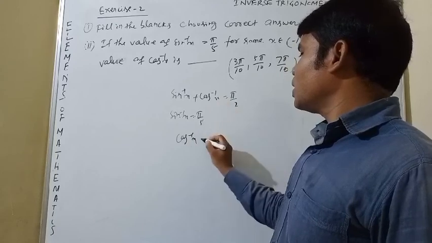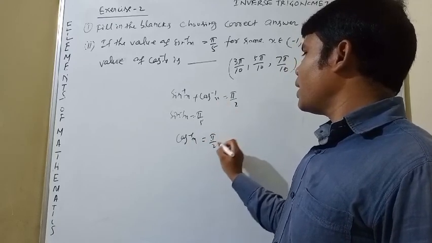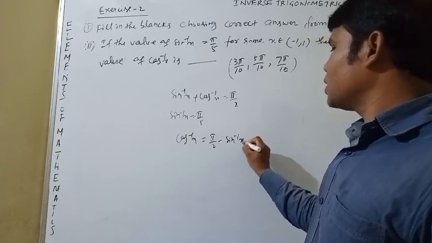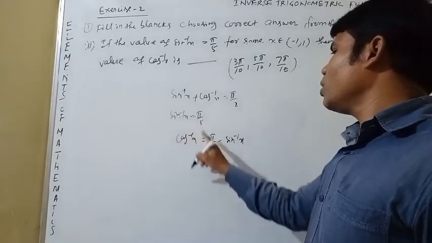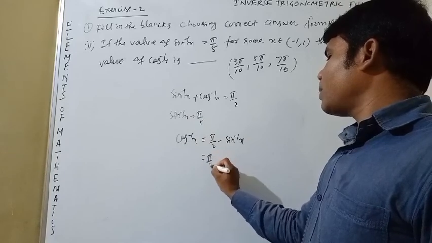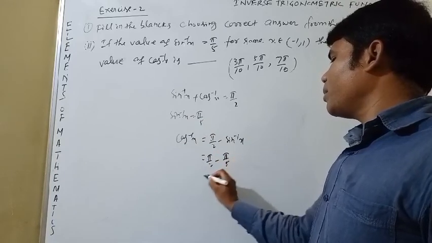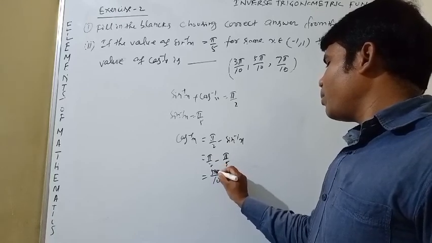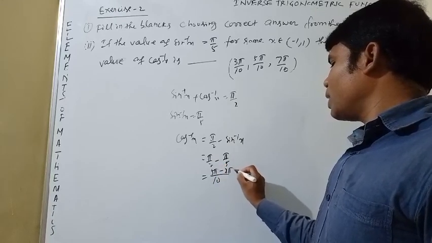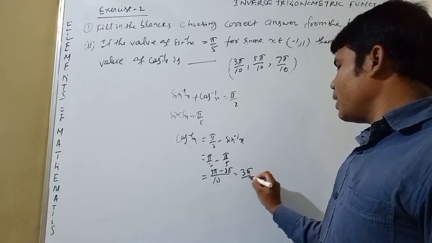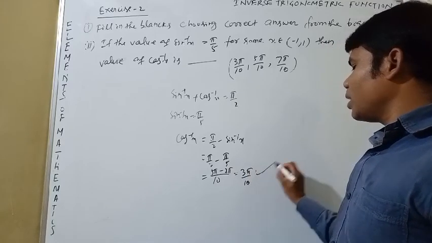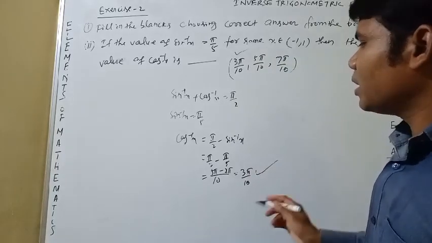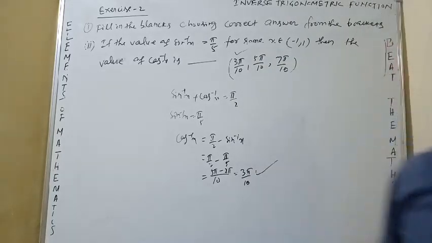From this, cos inverse x is equal to pi by 2 minus sin inverse x, that is pi by 2 minus pi by 5. LCM is 10, so this is 5 pi minus 2 pi, that is 3 pi by 10. So this is your answer, 3 pi by 10. Pause the video, note it down.